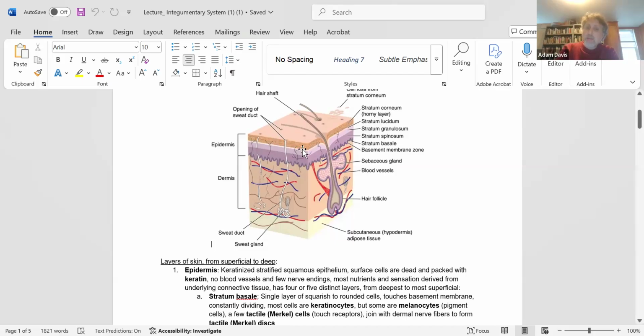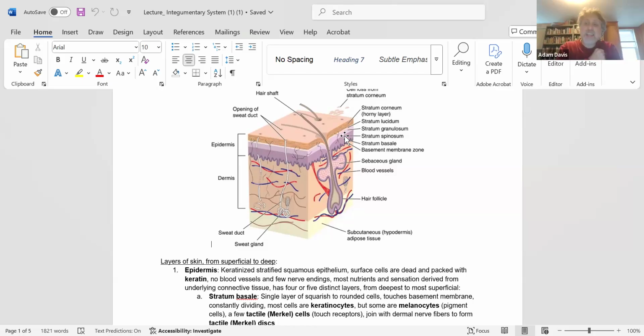Now, our next layer up is the stratum granulosum. The stratum granulosum consists of 2 to 5 layers of relatively flat cells. The cells in this layer do not have the spiky desmosomes on them, and as a result, they have more space between them. They don't stick together as well, starting to spread out more.